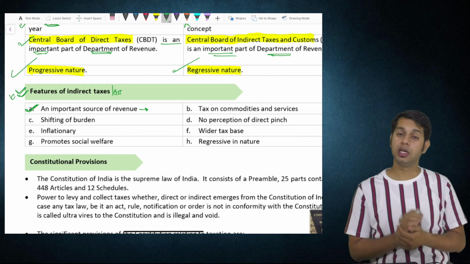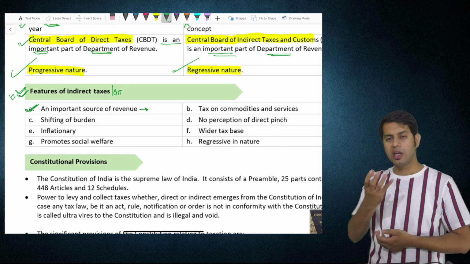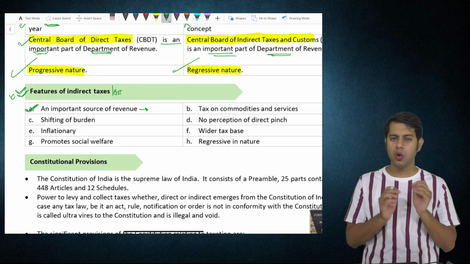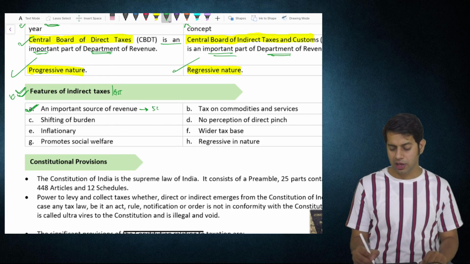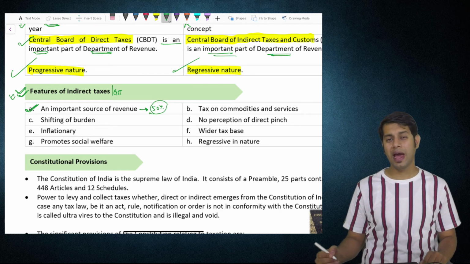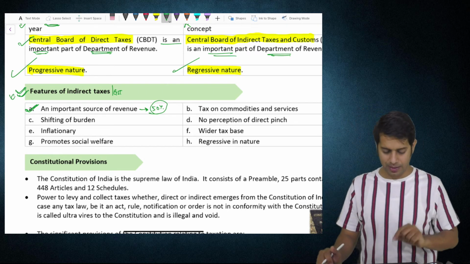Sir, what do you mean by this? It is an important source of revenue to the government. Of the revenue which the government gets by way of collection of taxes, on an average 50% of the total revenue collected in the form of tax is from indirect tax.